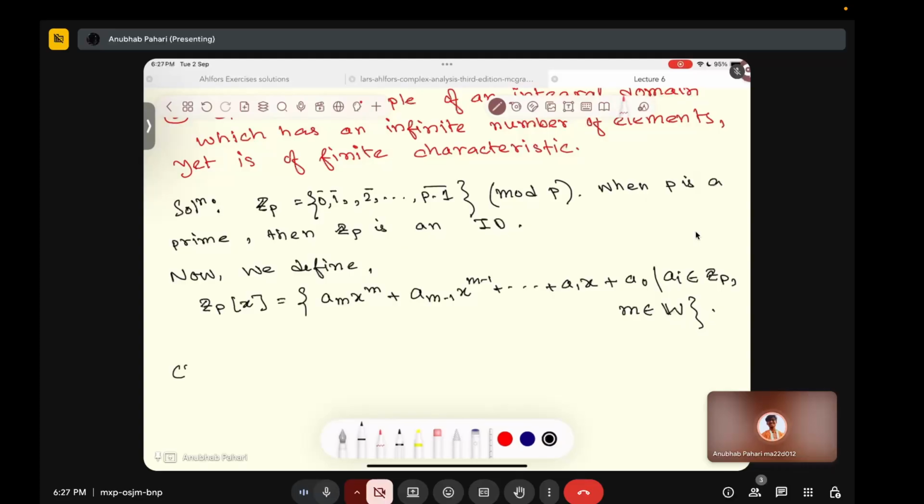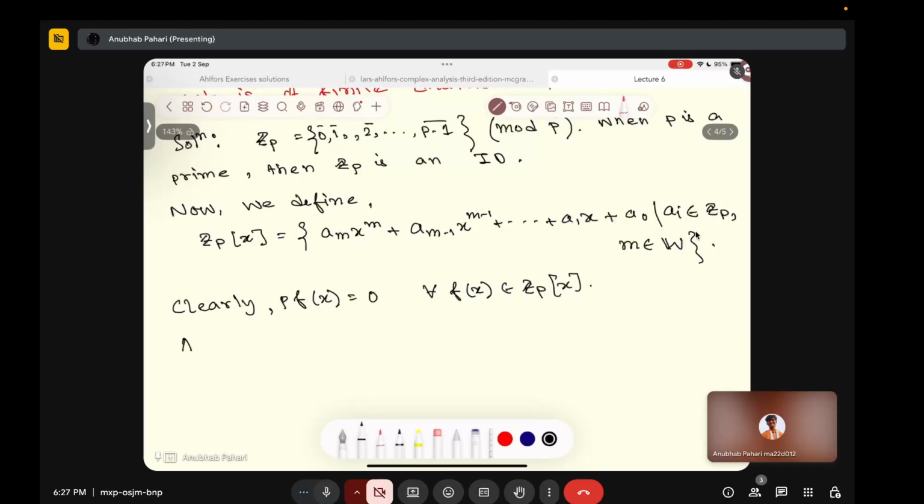Now clearly p of f(x) equals to 0 for every f(x) belongs to Z_p[x], right? Because this will become 0 mod p.